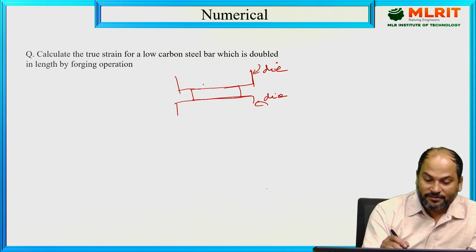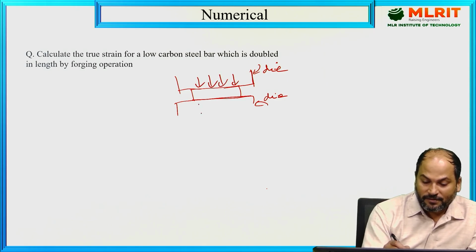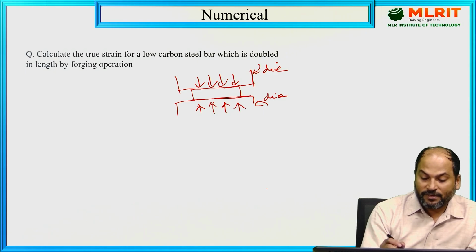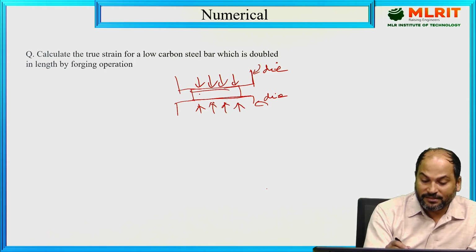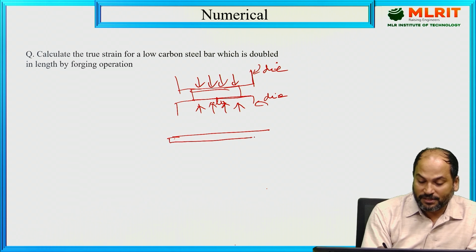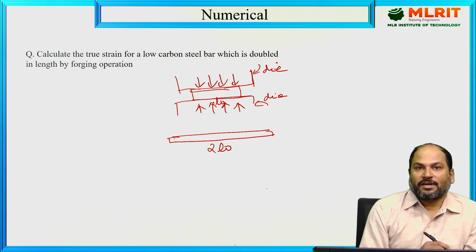So if we apply force from here and from here, for example, what will happen? This bar will increase in length. Suppose initially it is L naught. Finally, obviously its cross-sectional area will reduce and it will become 2L naught. Okay. That's what has been given in the problem.